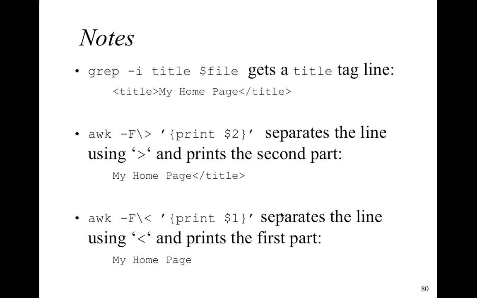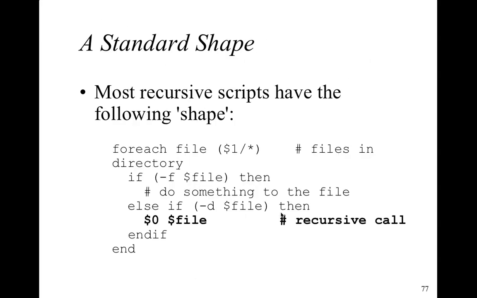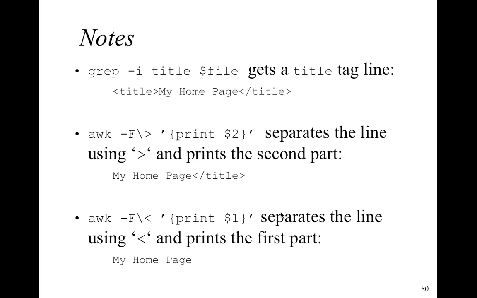There are some other ideas for you, and this section is called notes on the top only because these are examples. One of the assignments is going to have you use grep, actually. So grep -i title file gets the title tag name, and awk -F separates the line using this and prints out the second part here. This is my home page, which is the title.